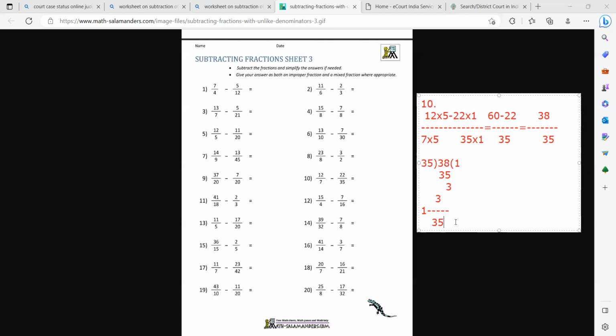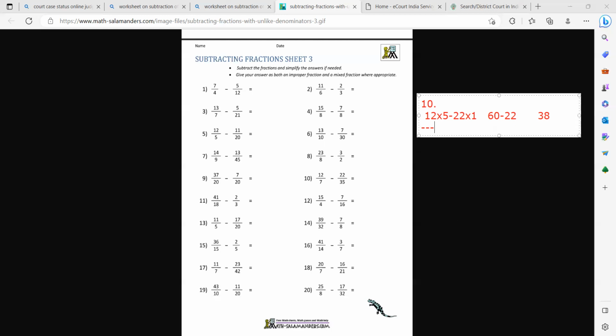Now number 11. We need to go to number 11 and solve it. But before that, please pause my video, give your own answer, then check it with mine. 18 and 3. So the LCM will be obviously 18 because 3 into 6 is 18. So 18 into 1 and 41 into 1.